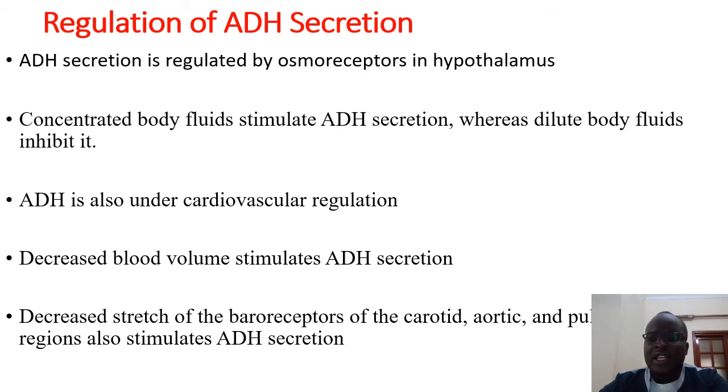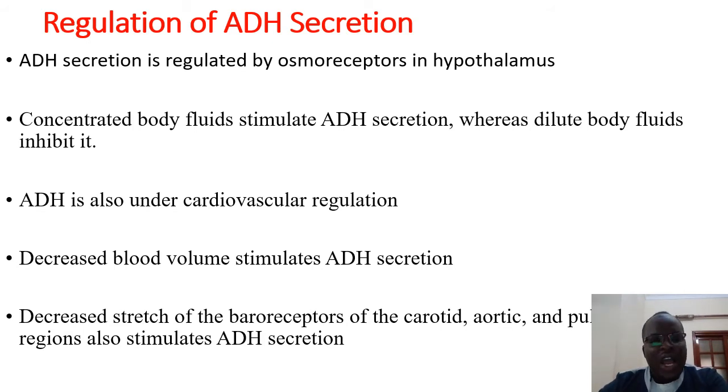Whereas dilute body fluid is going to inhibit it. If the electrolytes are highly diluted in the extracellular fluid compartment, it means you have a lot of water, so you find that the secretion of ADH is going to be inhibited.